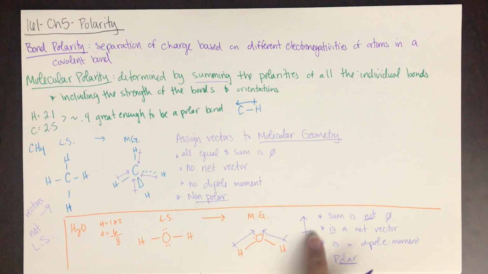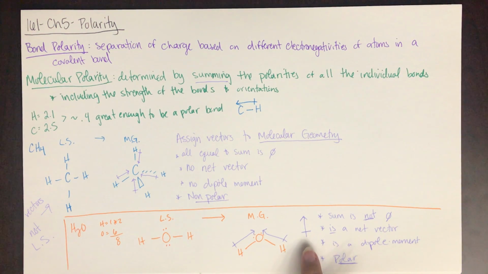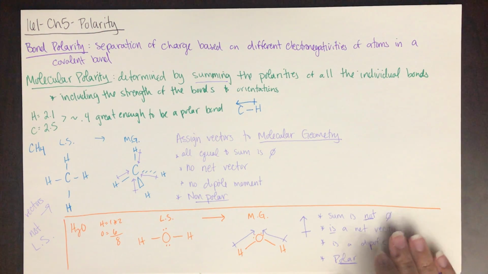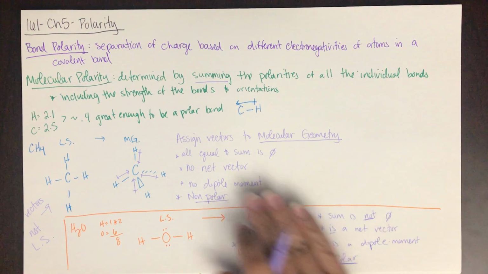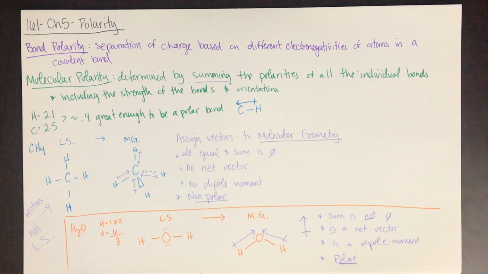It doesn't matter what this net vector is, you should be able to draw it just like it's something in some direction. We're not going to be measuring what the actual quantity is, but you should be able to tell me, is there a net vector, yes or no? And if there is any net vector, then it is a polar molecule. It is not polar only if all the vectors are equal and opposite.